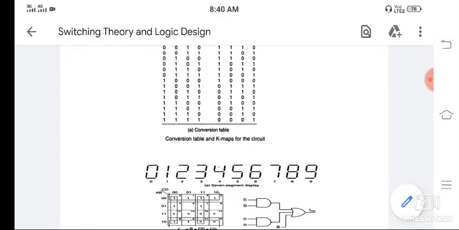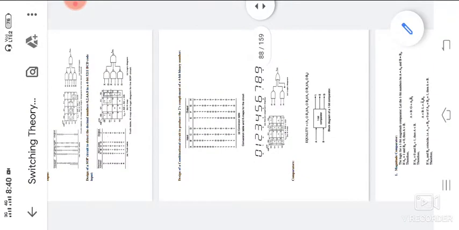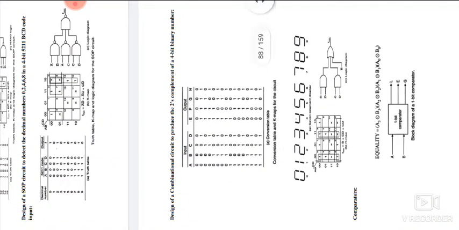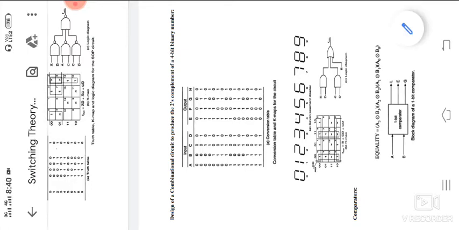In the same manner, as I have already discussed, we clearly note down the values and apply the 4-variable K-map. After that we get an equation, and based on that equation we design the circuit diagram. This is one method.